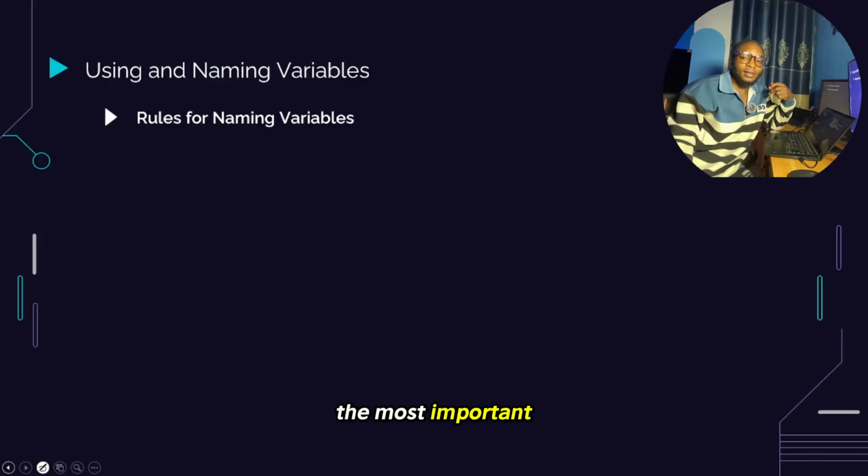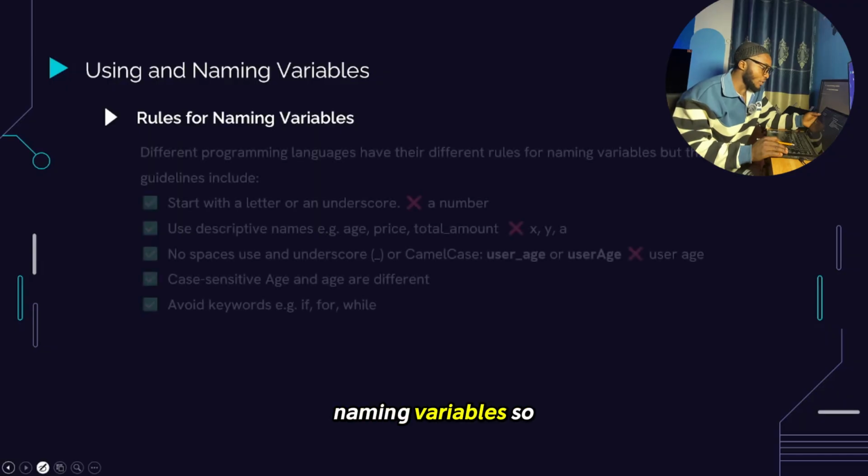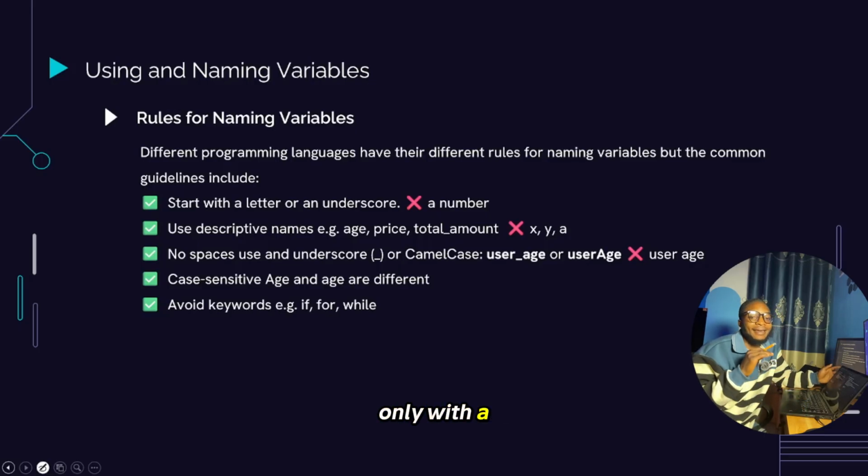The most important thing that you should take note of is how to name variables, or the rules that apply when naming variables. Different programming languages have different rules for naming variables, but the common guidelines are: first, a variable starts only with a letter or an underscore.